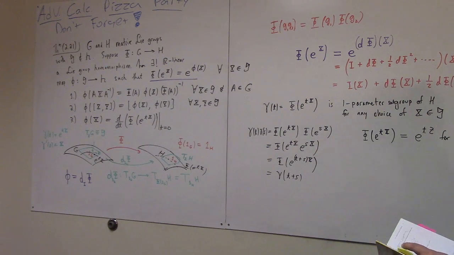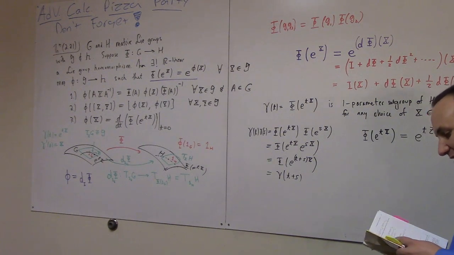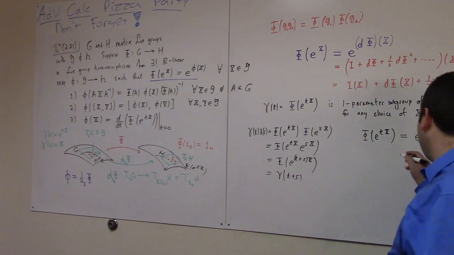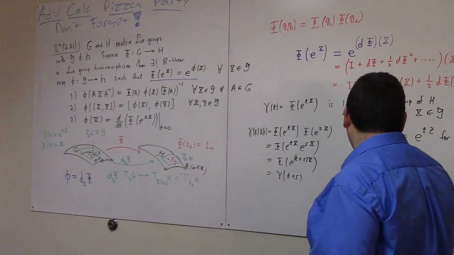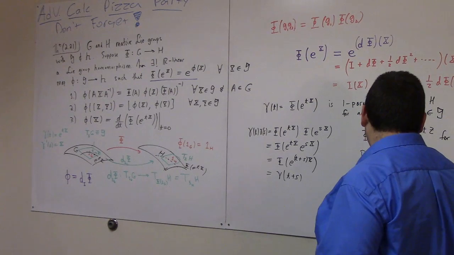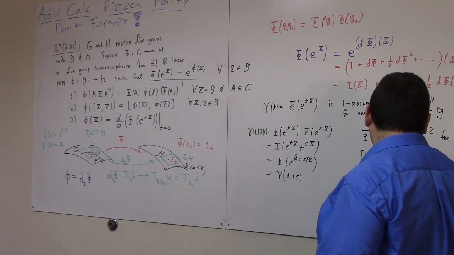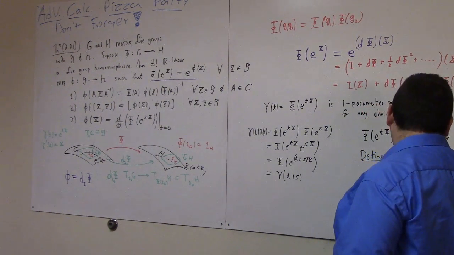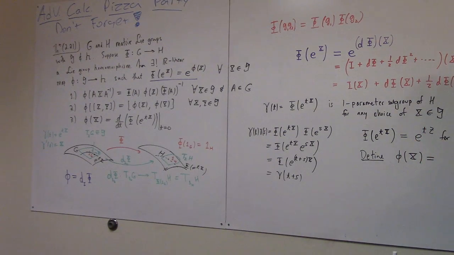So what's his definition of little phi? He says define little phi of x equal to what? His definition is just totally hands off. Since we want it to be little z.